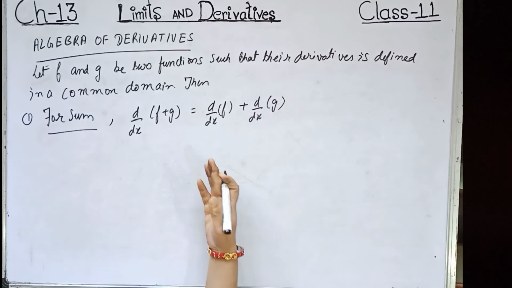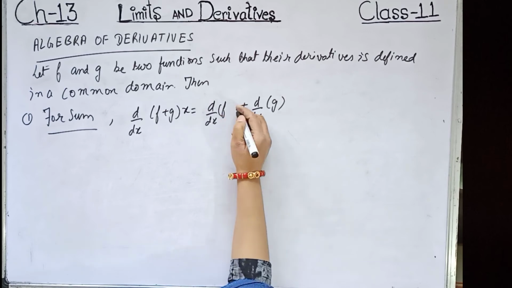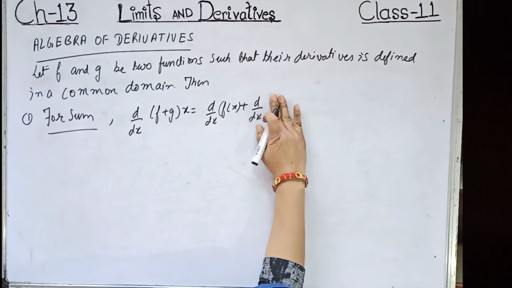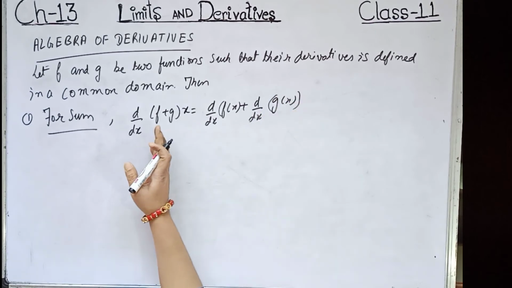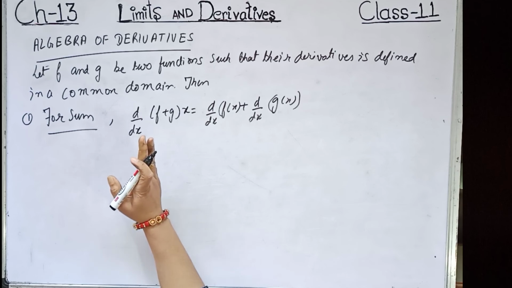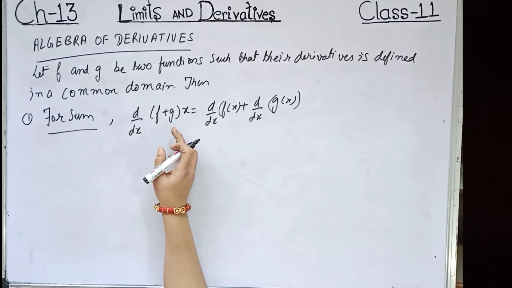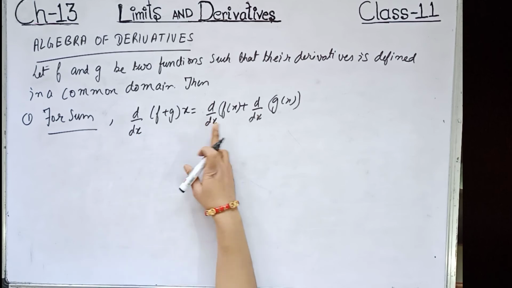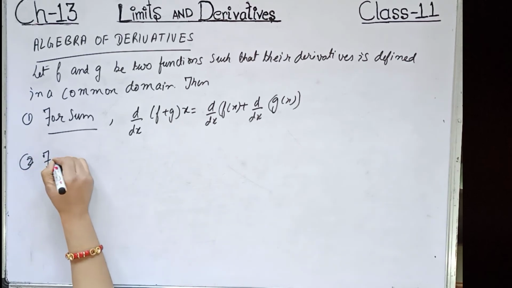Means if we want to write in terms of x, that also we can write: d by dx of (f plus g)(x) equals d by dx of f(x) plus d by dx of g(x). In this way also we can write. Means in the algebra of the derivatives, for the sum part, no confusion, the derivative of f plus g will be equal to derivative of f plus derivative of g. Now for difference, same thing.